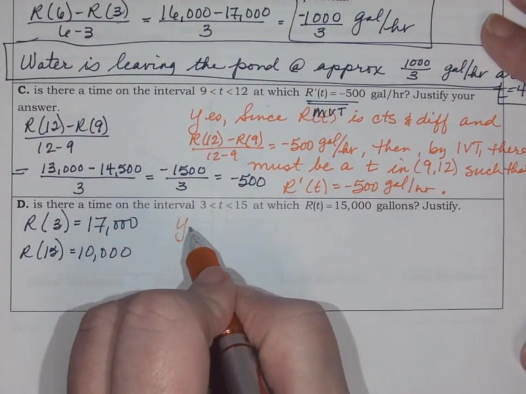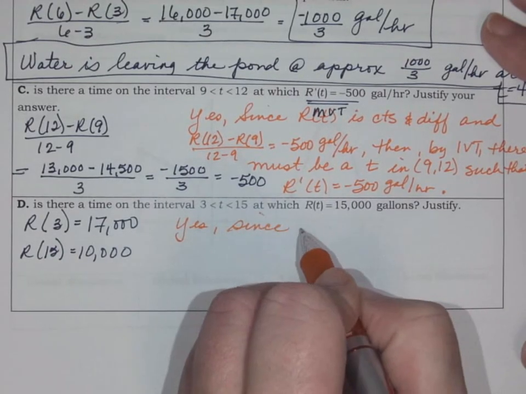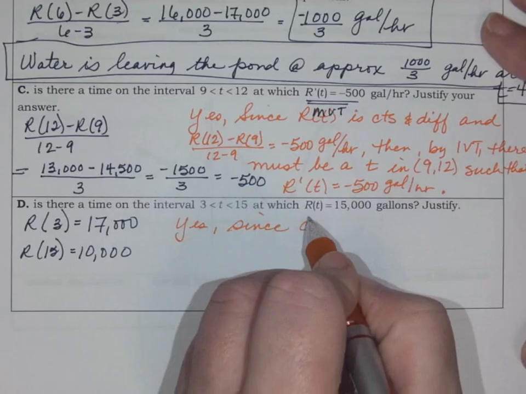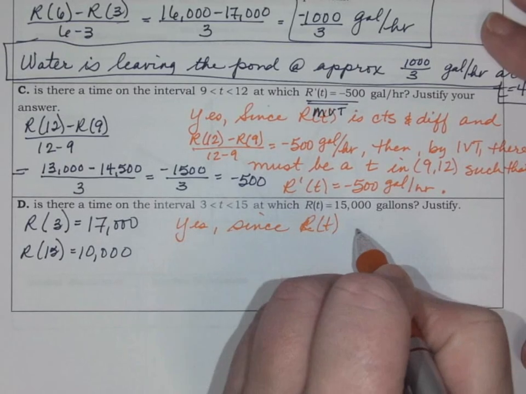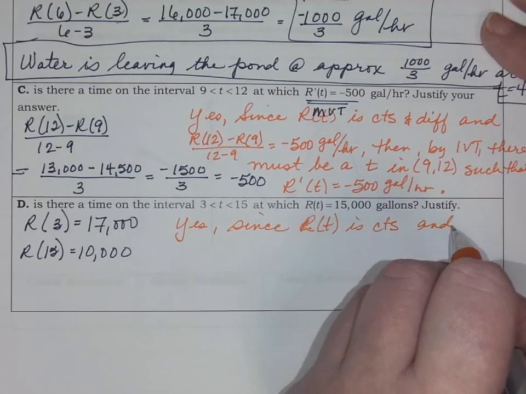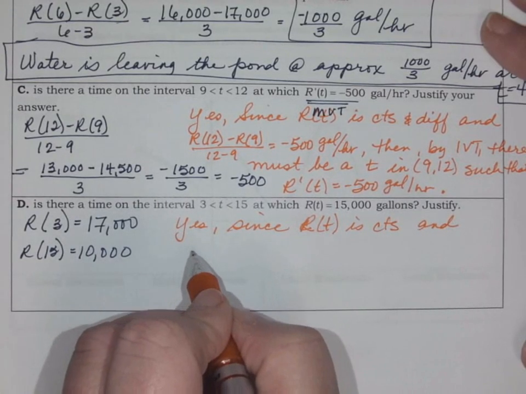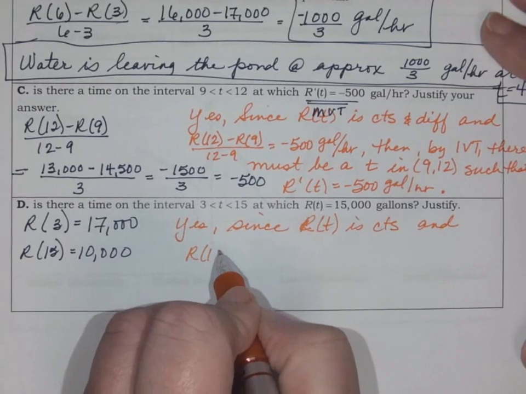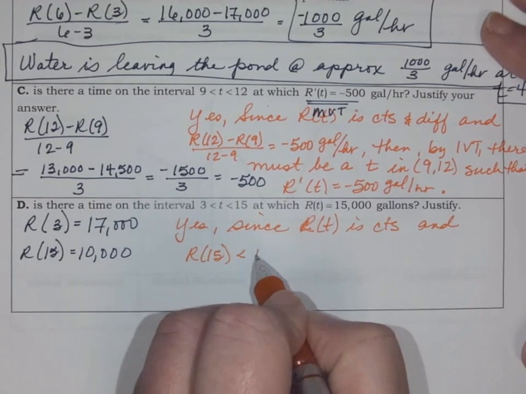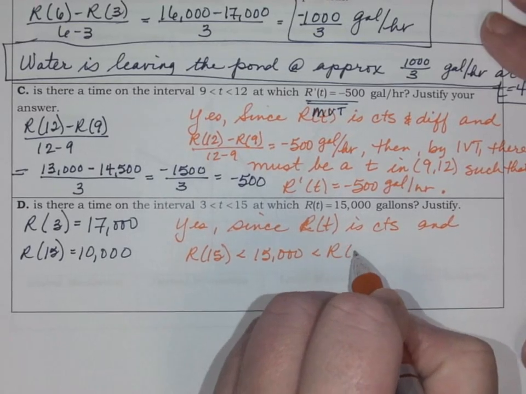So we say yes. This time we're using IVT, so we only need continuous. So since R of t is continuous, now we need to bracket our given y value. So it would be R of 15 less than 15,000 less than R of 3.